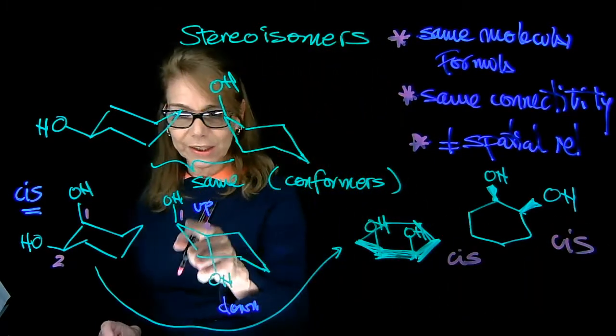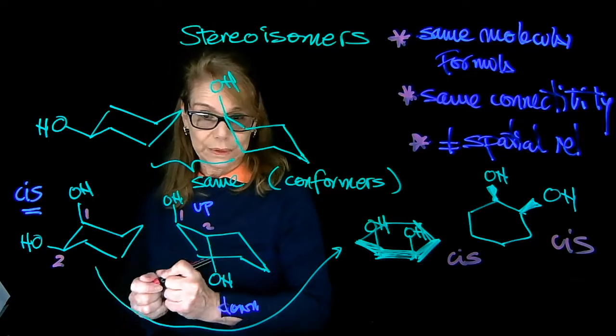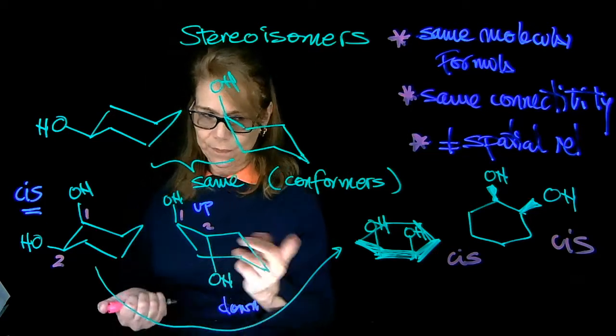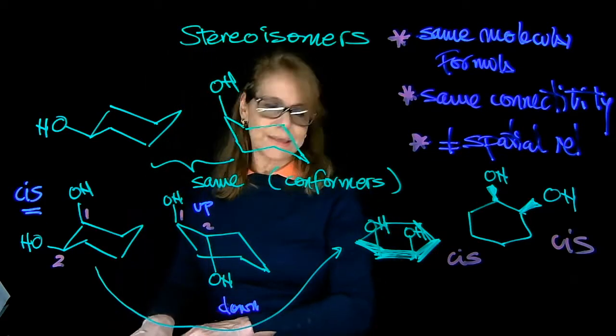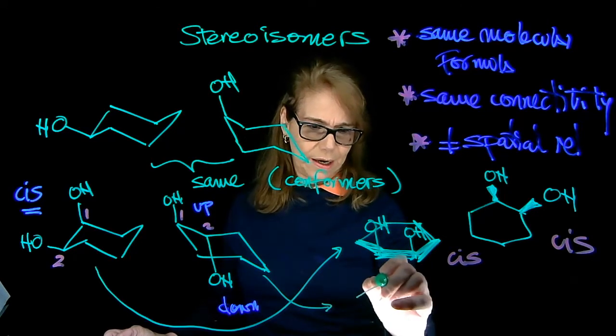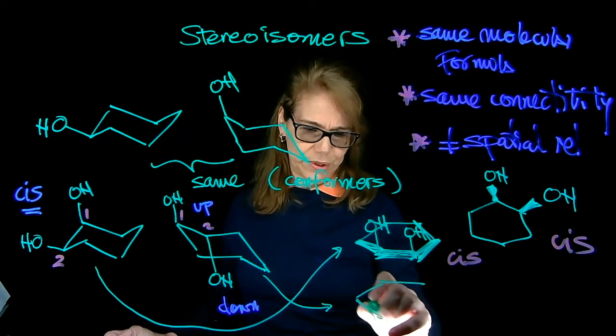Now, the molecule here is completely different. Notice that we have OH up, OH down. And we can draw that, again, we're going to make a couple more drawings. Let's do the Haworth projection of that.